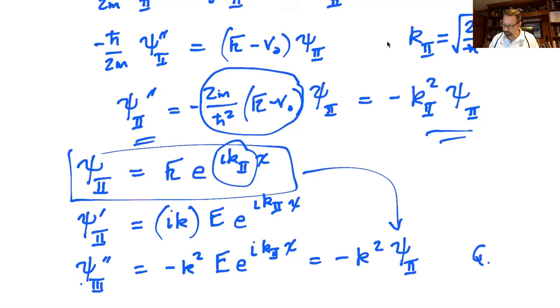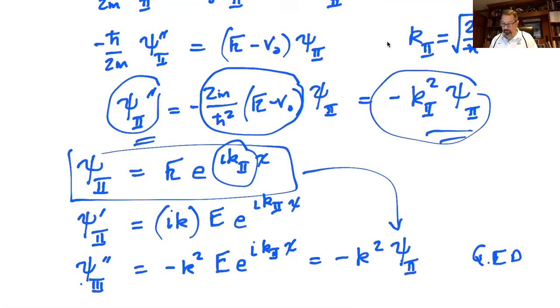QED, that's proven. That is a solution, okay? So look, I've recovered the differential equation right back by substituting in. I've got exactly that right here and here. And I don't know why I wrote 3. Don't ask me. That's just a 2, right? We're still in region 2, like we said. All right, so I've shown this thing that I put a square box around is a solution.